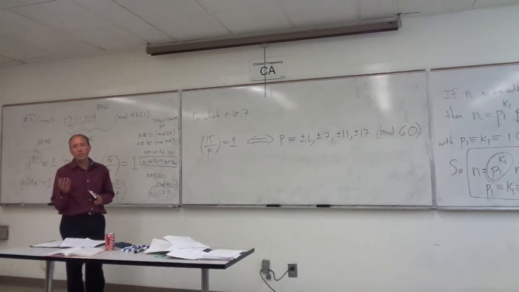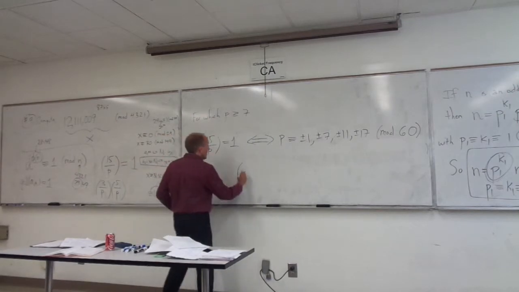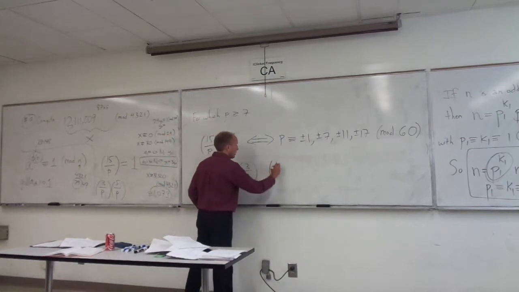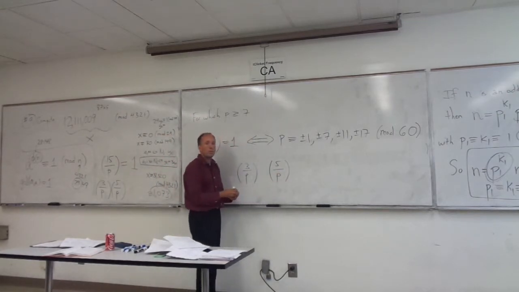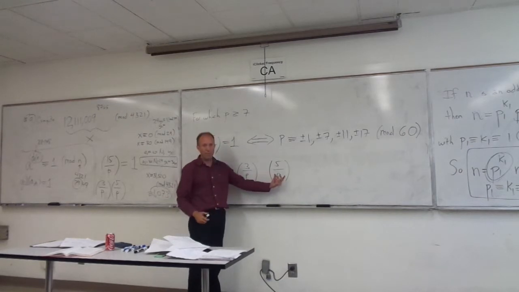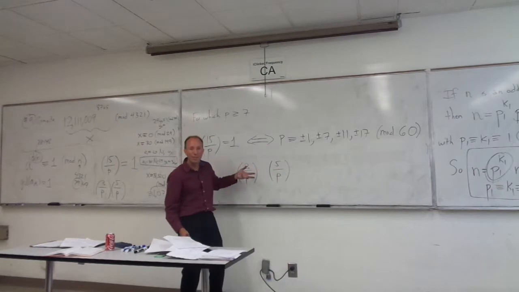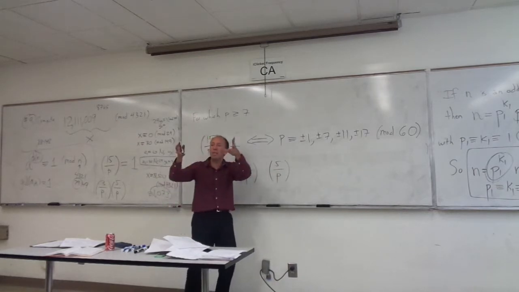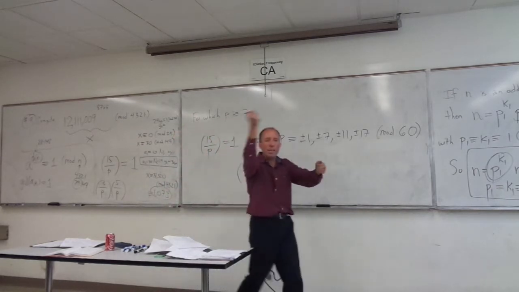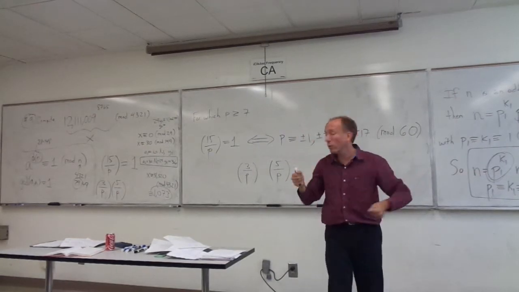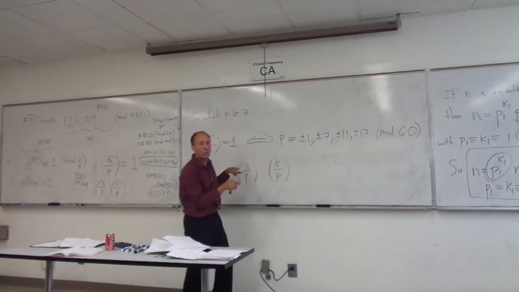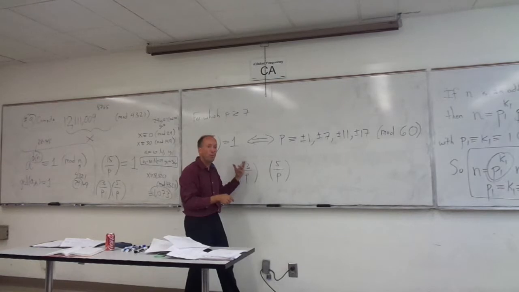Really the reason it's a lot of cases is, I won't do the whole thing, but just to give you the idea, you basically have to look at both of these Legendre symbols. And in looking at both of these, of course, what you want to do is flip them over. But when you flip things over, you have to worry about whether you need a minus sign or not. And that requires you to know whether p is congruent to 1 or -1 mod 4.